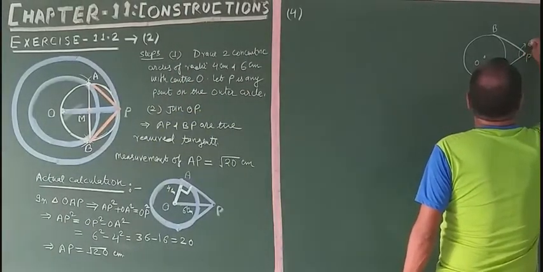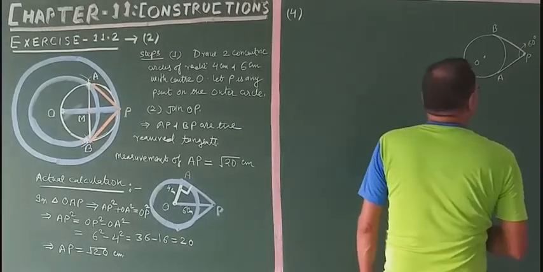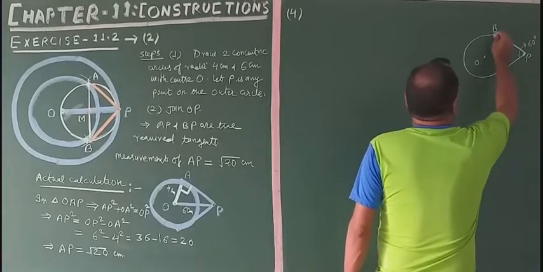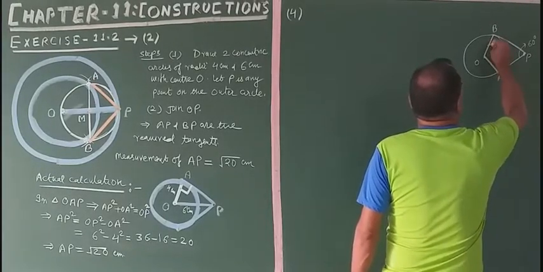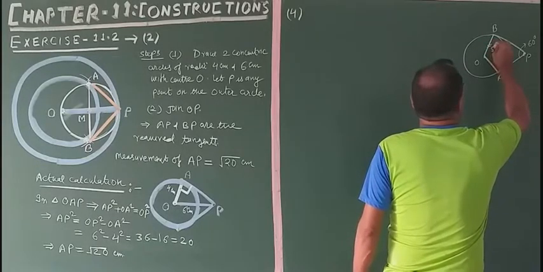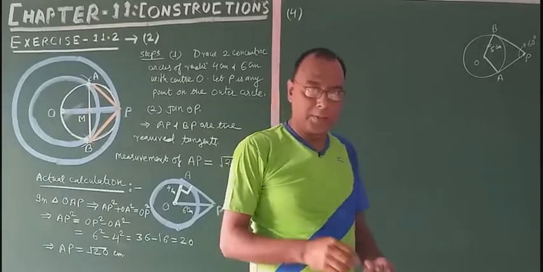The radius of the circle is given as 5 centimeter. So this is the rough sketch.